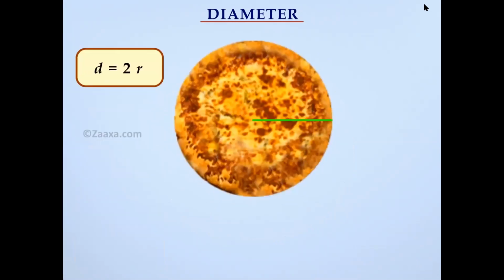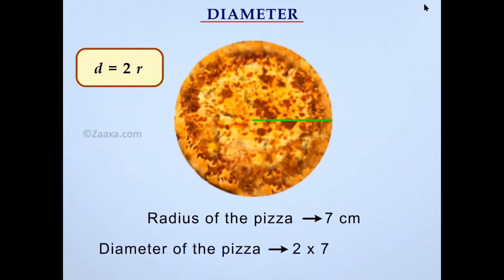Let us now find the diameter of a pizza, which has a radius of 7 centimeters. We already learned that the diameter is twice the radius. Therefore, the diameter of the pizza is 14 centimeters.